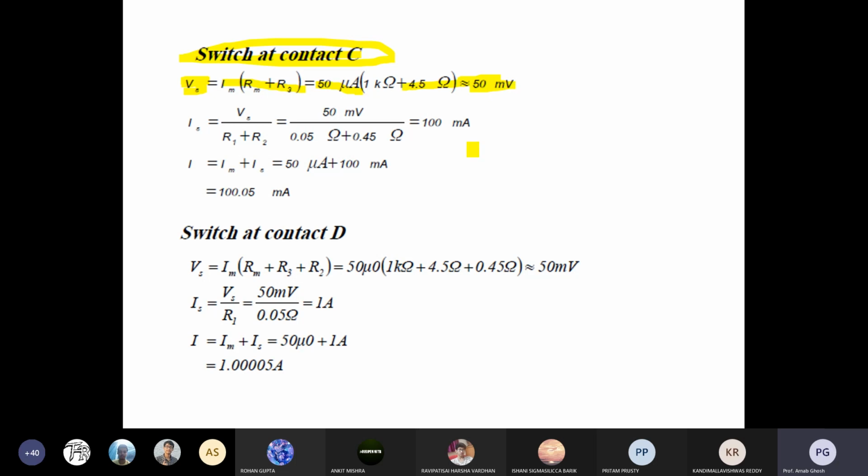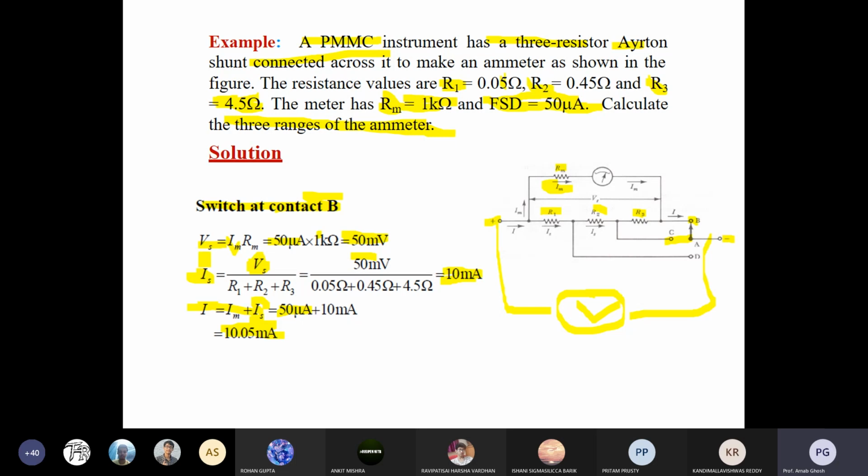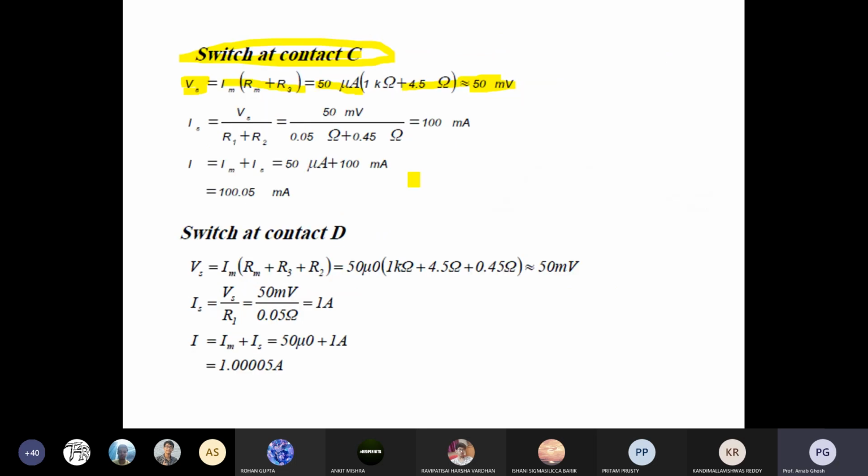Almost the same voltage. First case it was 50 millivolts; second case it is also more or less 50 millivolts, so there is no change in the voltage.